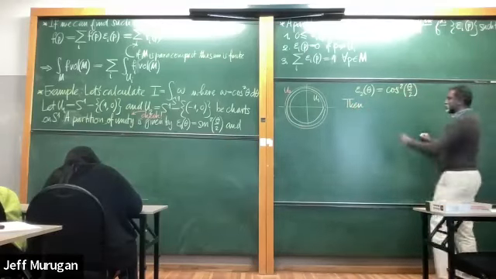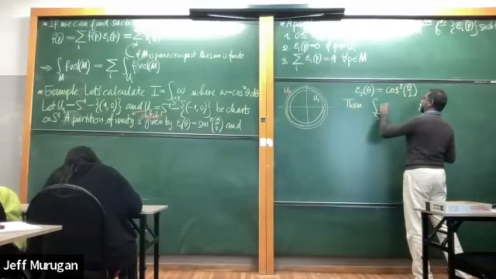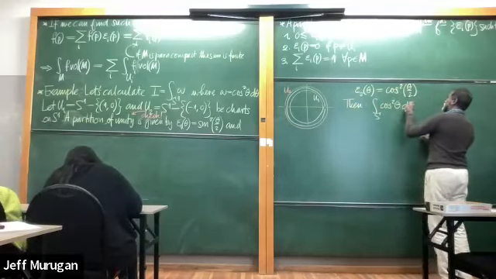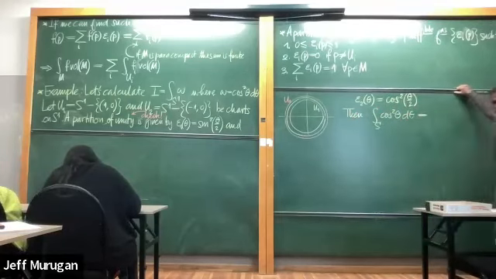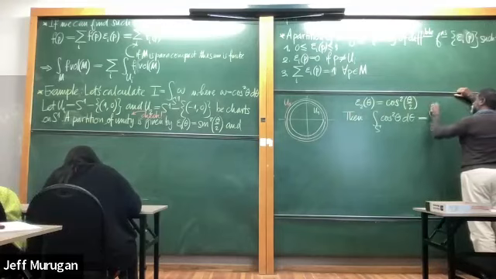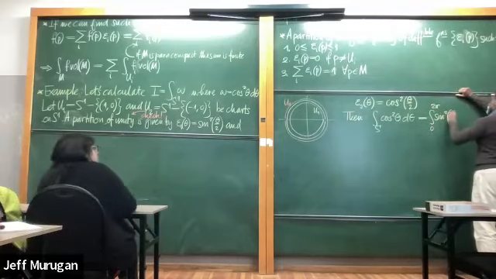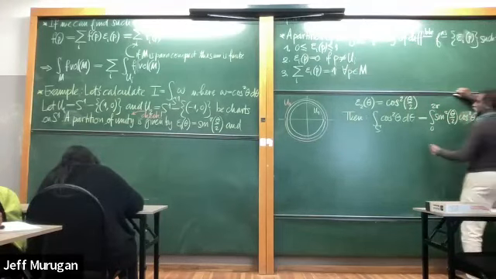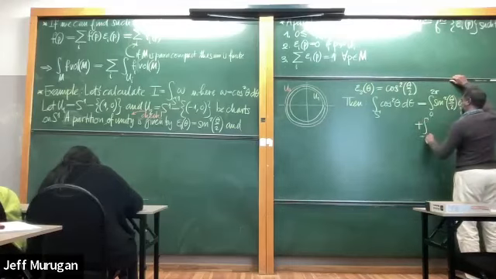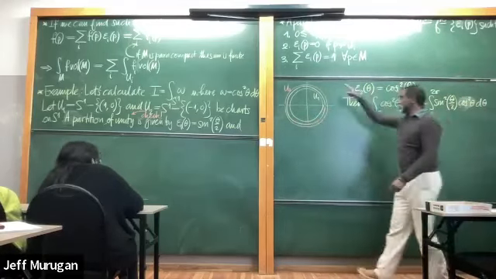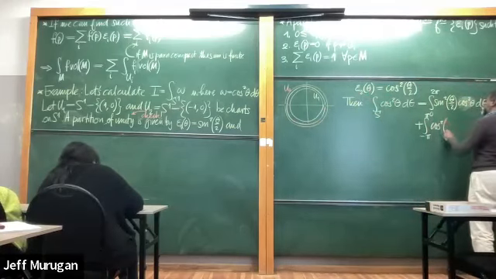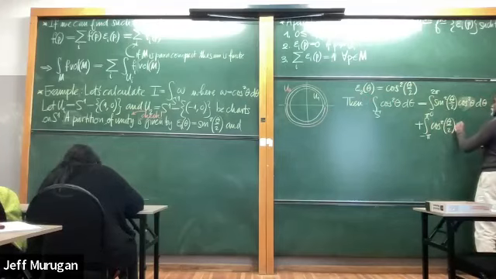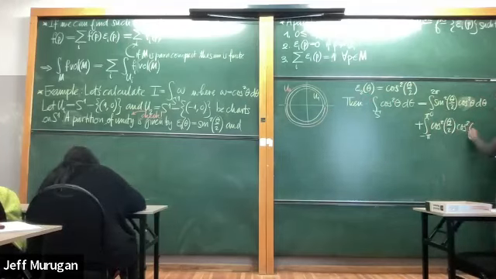Then our integral over S1 of cos squared theta d theta breaks up into an integral over U1, from 0 to pi, of sine squared of theta over 2 times cos squared theta d theta, plus the integral from minus pi to 0 of cos squared of theta over 2 times cos squared theta d theta.